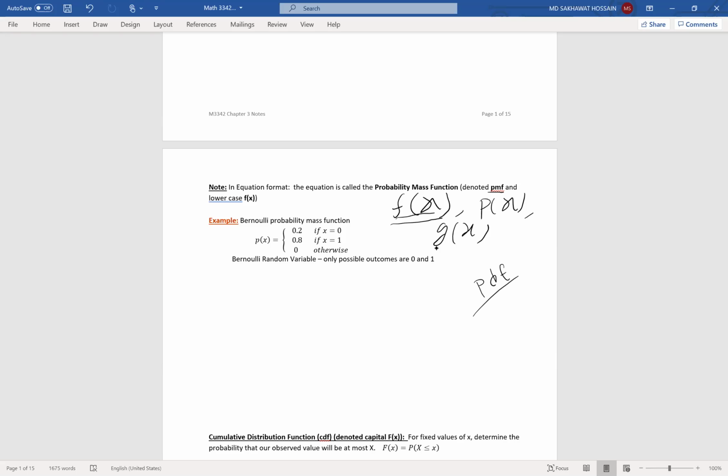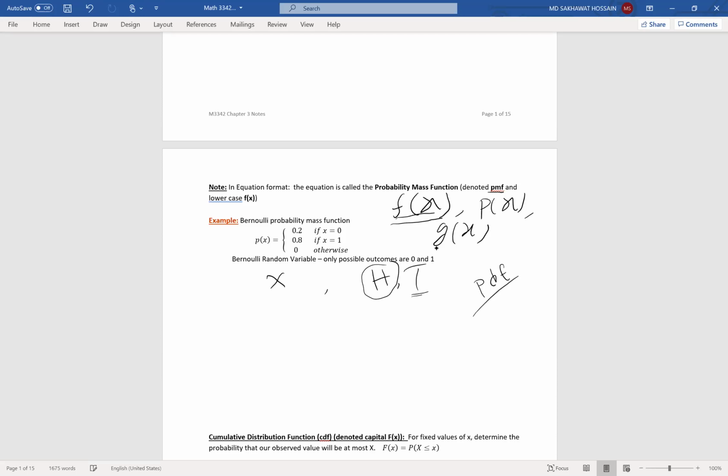This example is about the Bernoulli probability distribution. So what is the Bernoulli distribution? If in an experiment we have only two outcomes, for example, if we toss a coin, then we have only two outcomes, either head or tail. If we consider head as success, then the value of X will be 1.